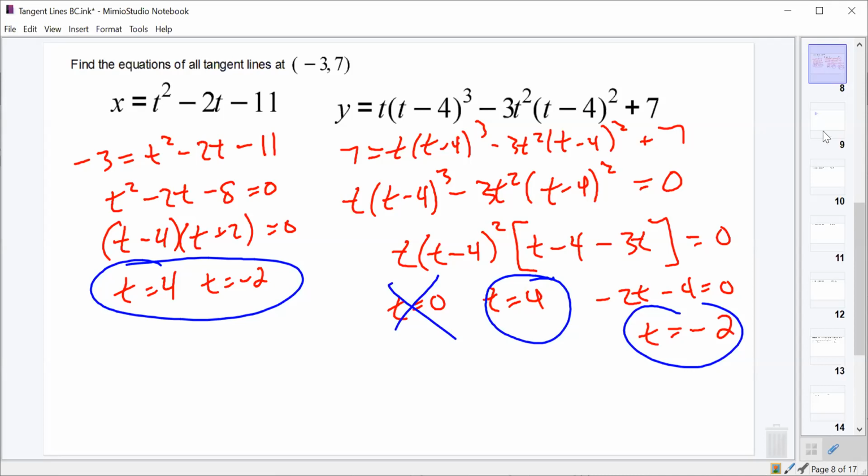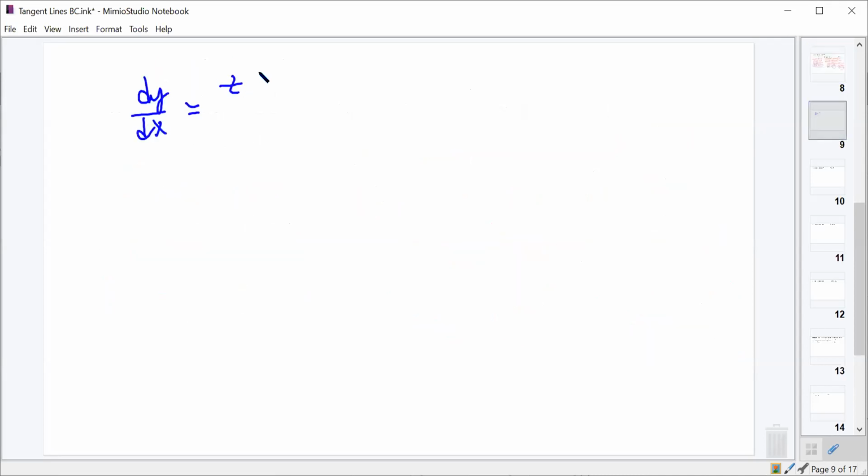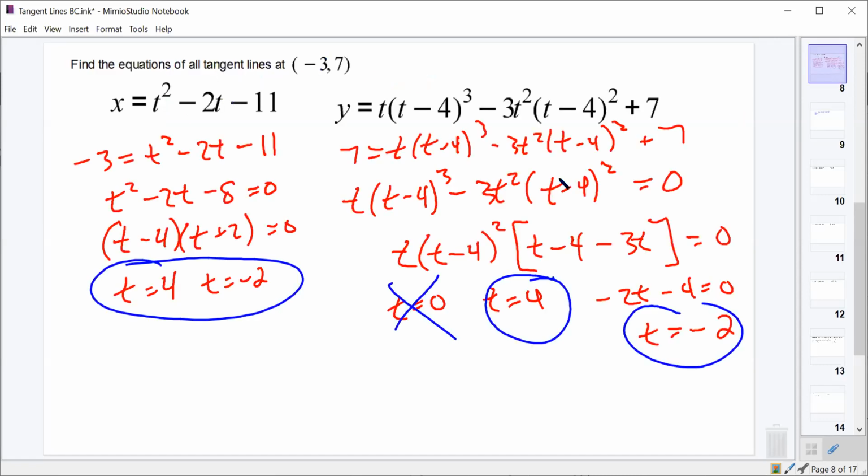So we'll have t times (t minus 4) squared times 3 times the derivative of t minus 4, which is just 1, and then plus the derivative of t, which is just 1, so plus (t minus 4) cubed. So that should be the first part of that derivative.